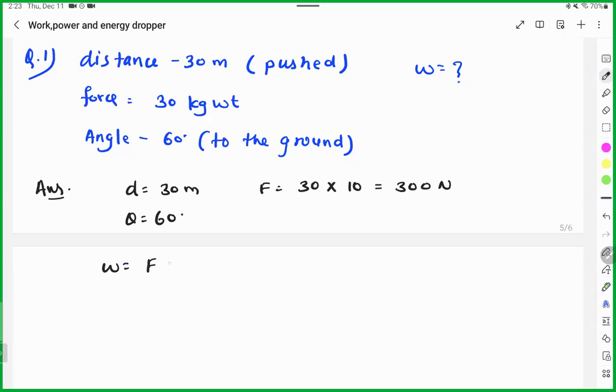Work is equal to F d cos 60, 300 multiplied by 30. What is the cos 60 value? 1 by 2. Yes, 1 by 2. Sir, I did 30 into 9.8. You can take the g value as 10 or 9.8, both are fine.